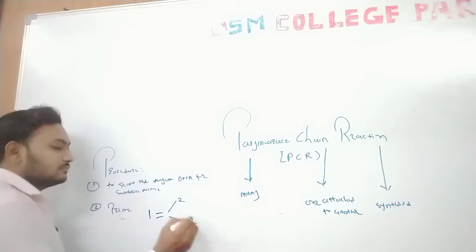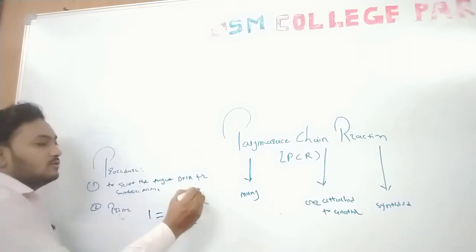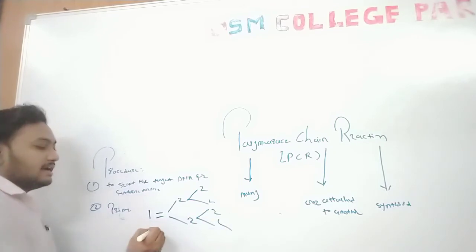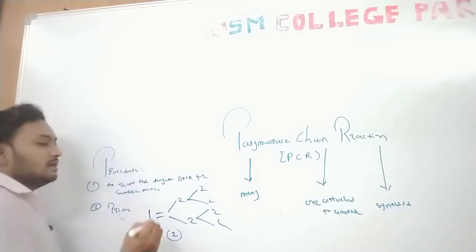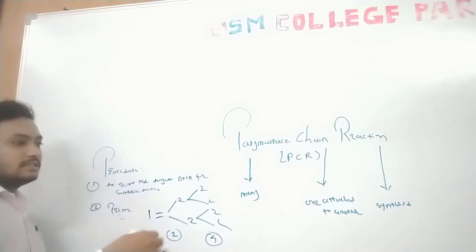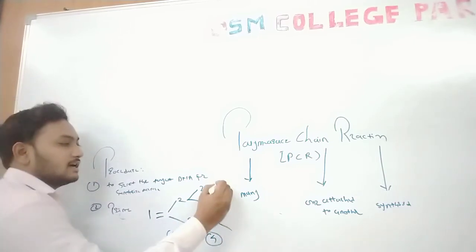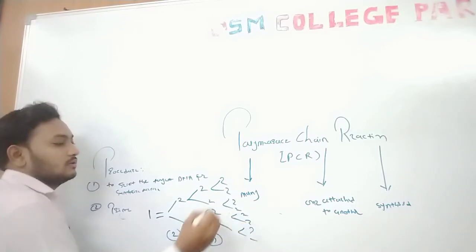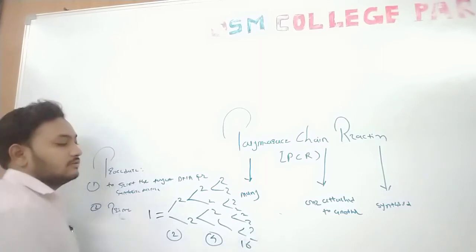The first cycle gives 2 DNA molecules, the second cycle gives 4 DNA molecules, and so on, to the fifth cycle and beyond.